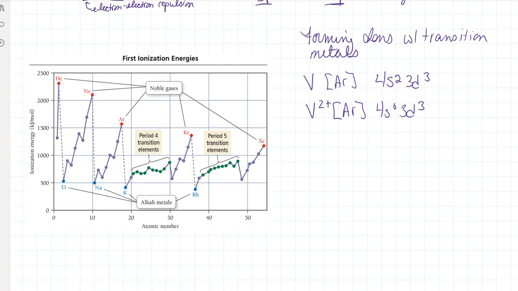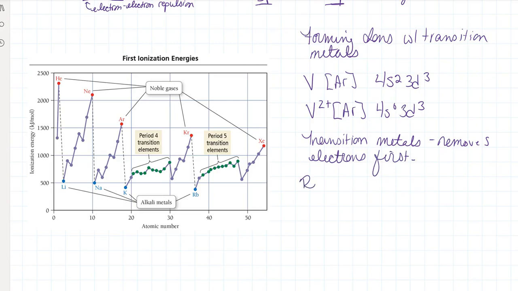So in this case, when we took a look at some of our transition metals, we generally removed the s electrons first. And this is for a few reasons that we talked about earlier.